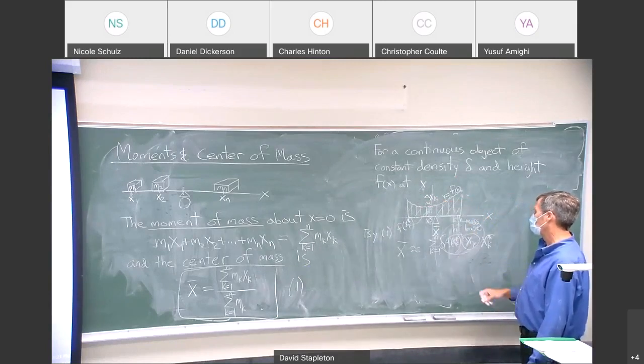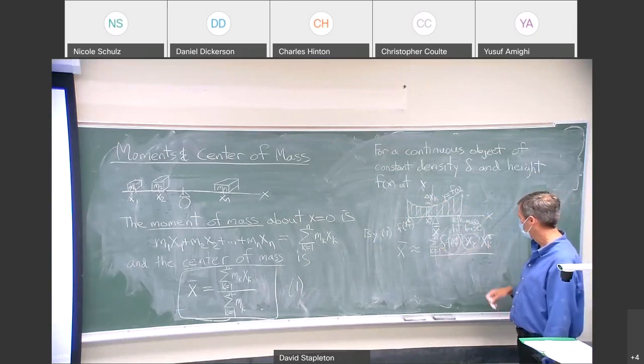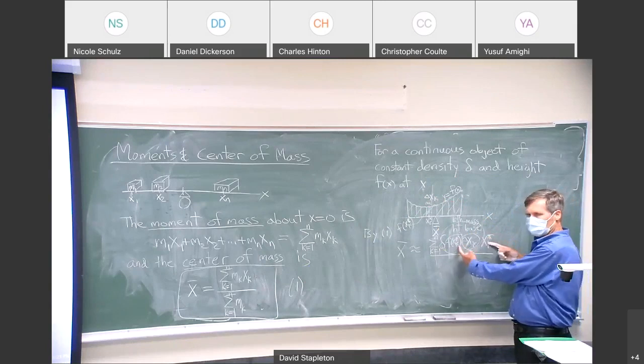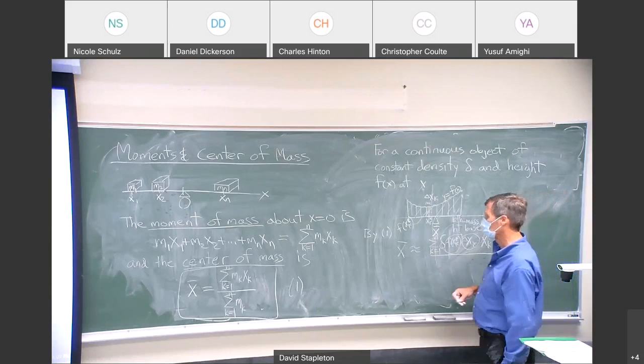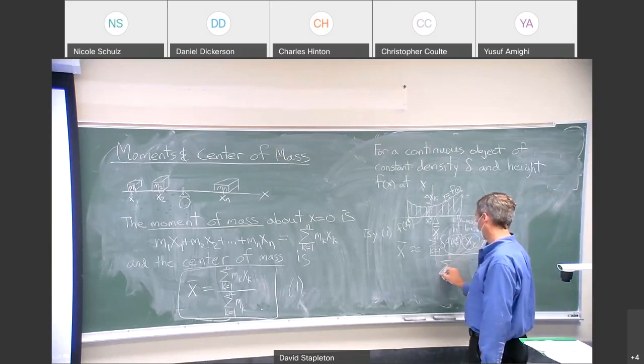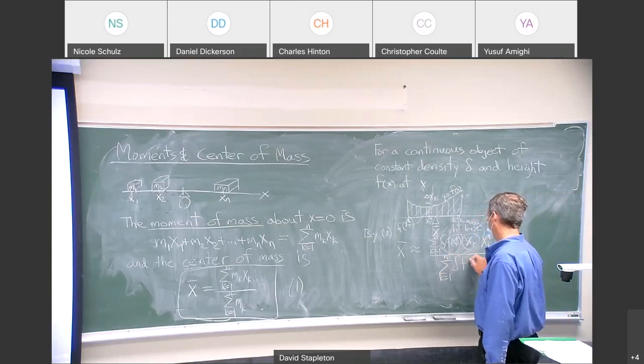Nice. And then you divide that by the total mass. What's the total mass? It was just this part without the xk star. We took mass times position. So this will be just the sum k equals 1 to n of delta f of xk star delta xk.